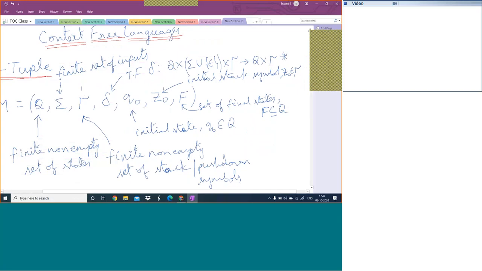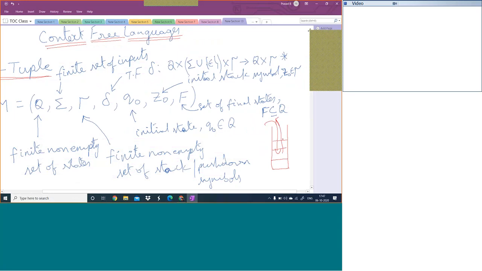Next, tau. Tau is the finite non-empty set of stack symbols or push down symbols. Just now I told you before this structure, in PDA a stack will be used as a memory, and in the stack we can push the elements, means we can store the elements, or we can pop the elements, means we can delete the elements.